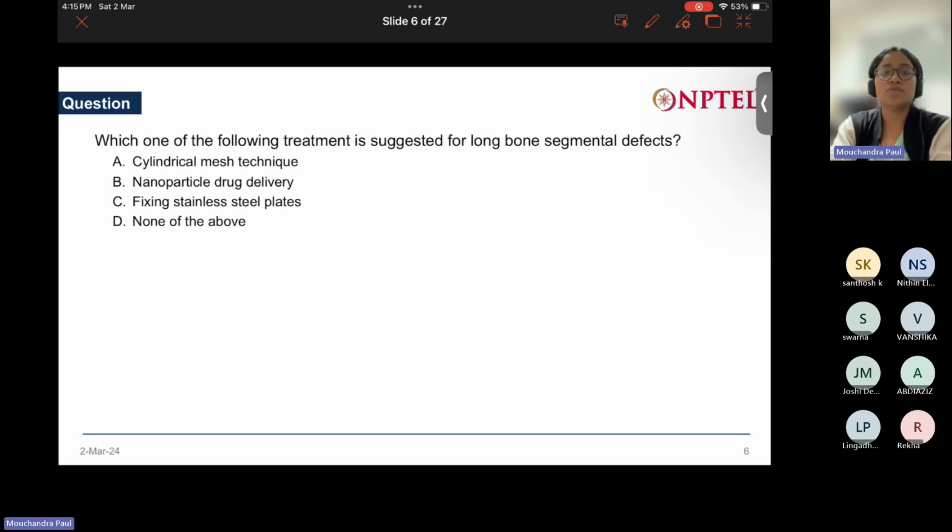Now, let's come to this question. The question reads: which one of the following treatments is suggested for long bone segmental defects? Here, long bone segmental defects refer to defects which are greater than 5 centimeters in length or size. These are defects which will not heal on their own.